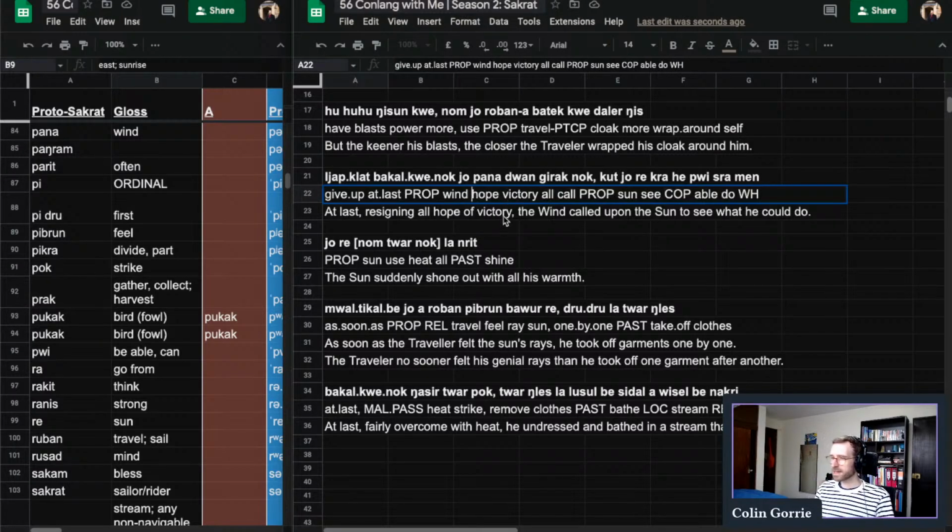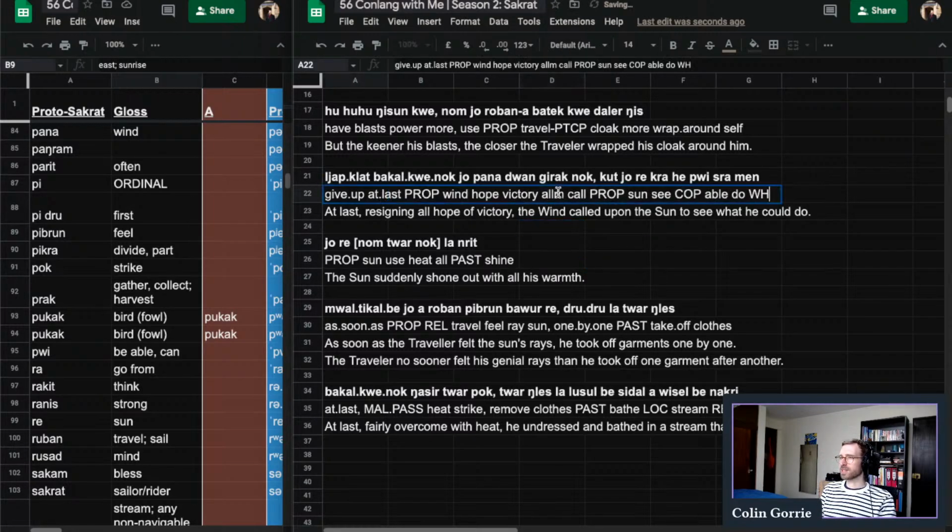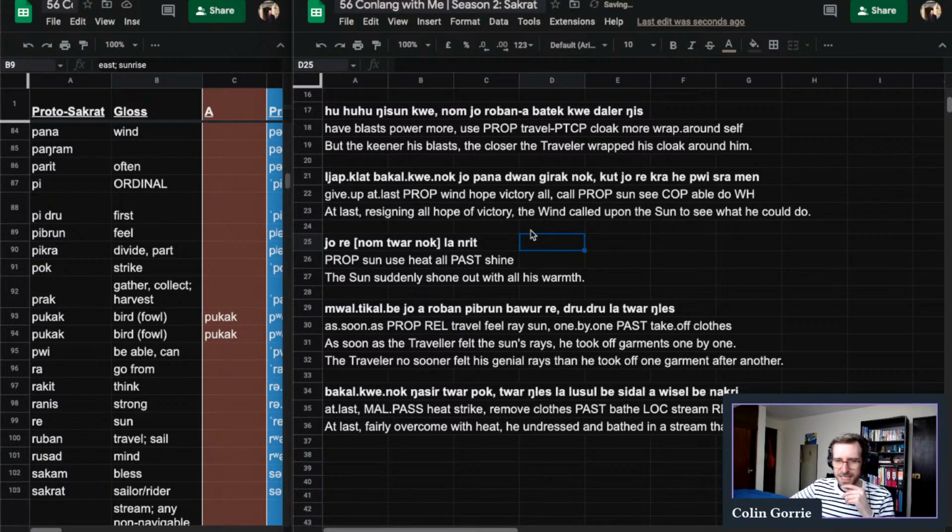Hope of victory all. And called the sun to see what he could do. Yeah, I don't think any of the other stuff needs to be changed to become SVO. Anything else we can do here? I don't think so. I'll put a comment in the gloss here so we can at least keep better track of our place.